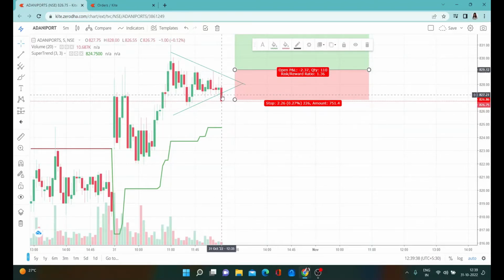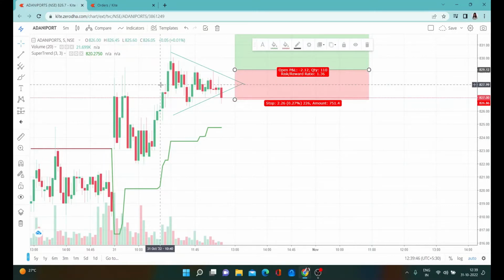Clearly there is a sign of a short opportunity, but it is not confirmed yet. I don't want to jump into this trade because it can create a wick. See, this is already creating a wick.